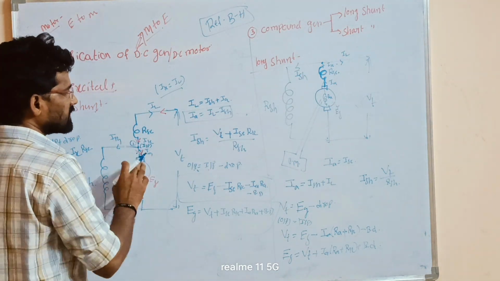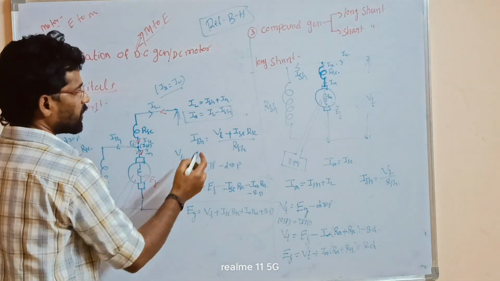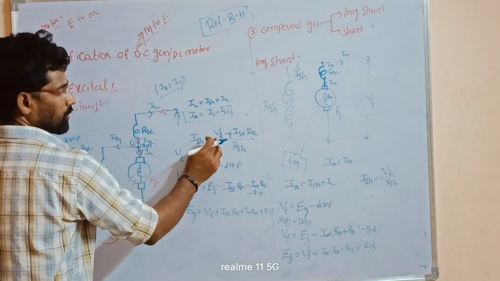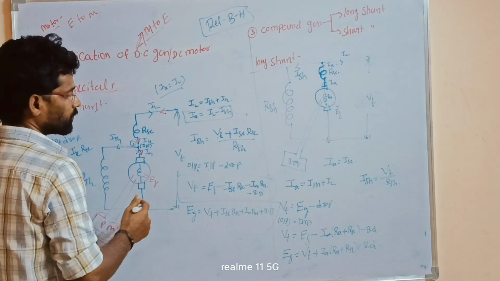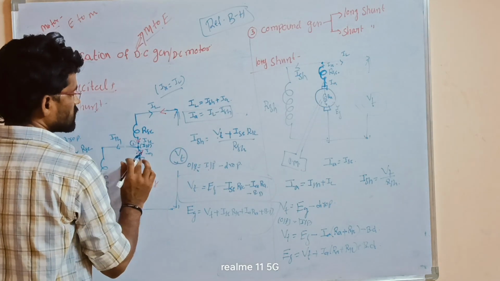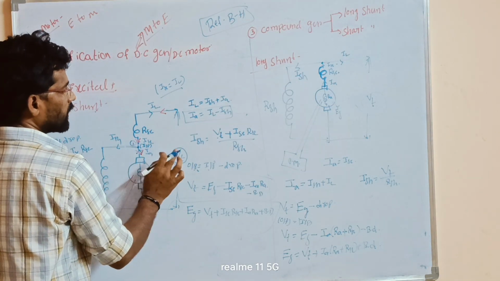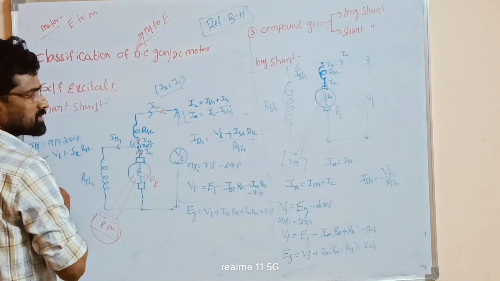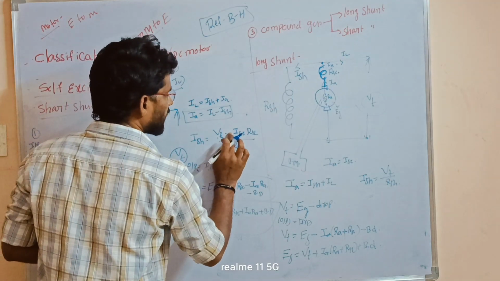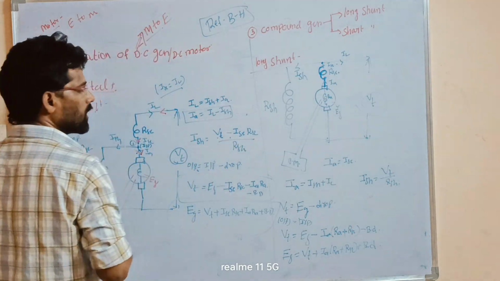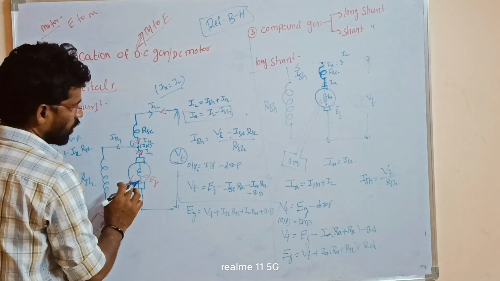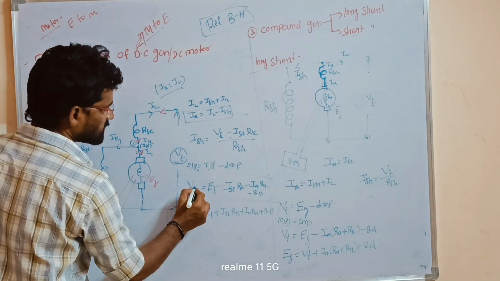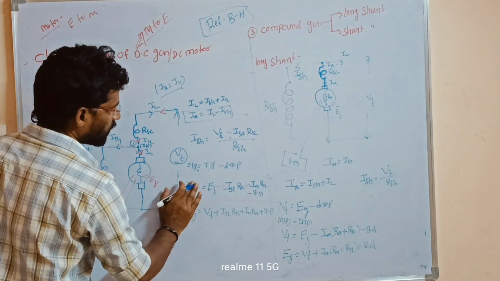In this case the drop will be present because previously this was the output, and now it is the input. So output is equal to input minus losses, and simply you put a minus here. What is the output? Output is equal to EG.